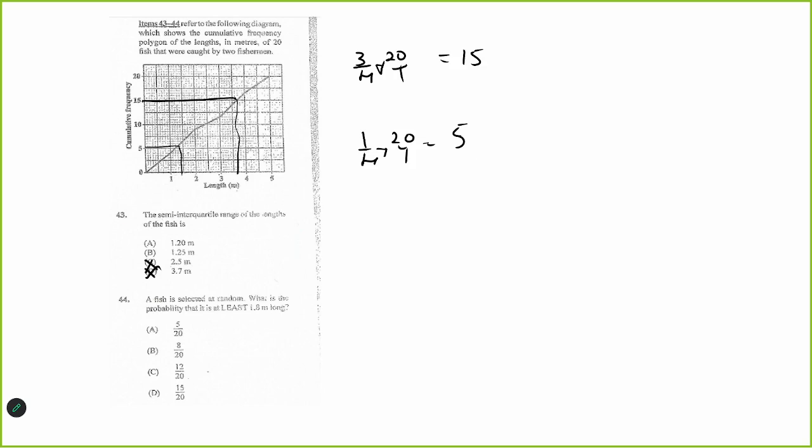Hold on, let me just zoom in. Erase and zoom in. Right, so we'll do it with red. At 15 we go across, and then we go down, and then 5 we go across, and then we go down.